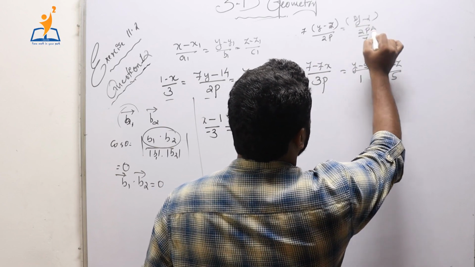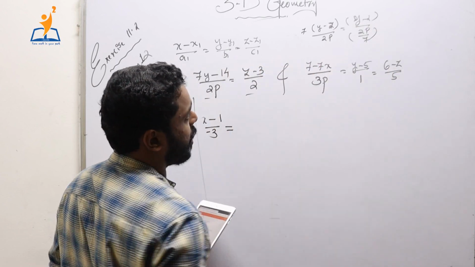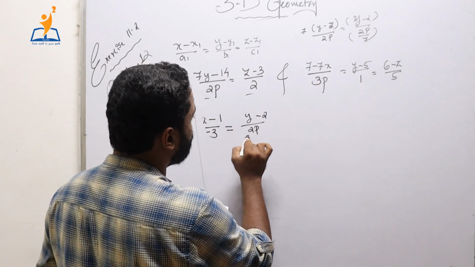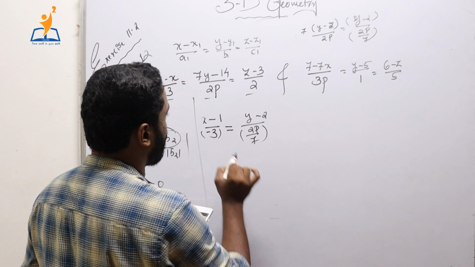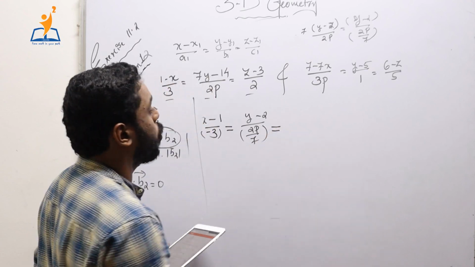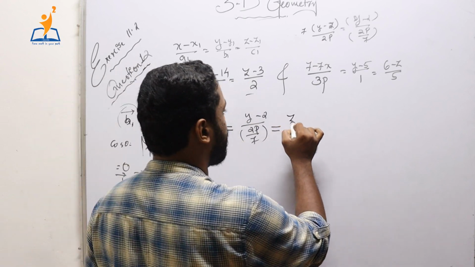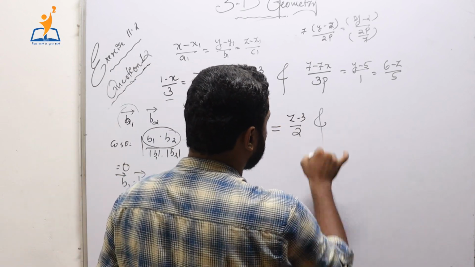So this is of the form (y minus y1) by b1, right? So we have (y minus 2) divided by 2p by 7 as the second component. It is equal to the third component, (z minus 3) by 2, which is in the standard form itself.